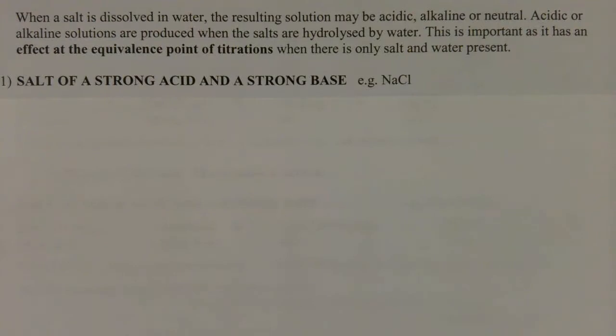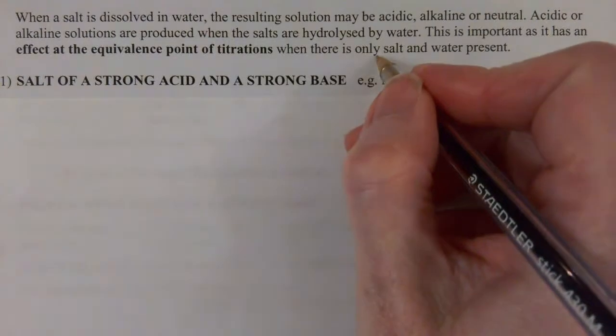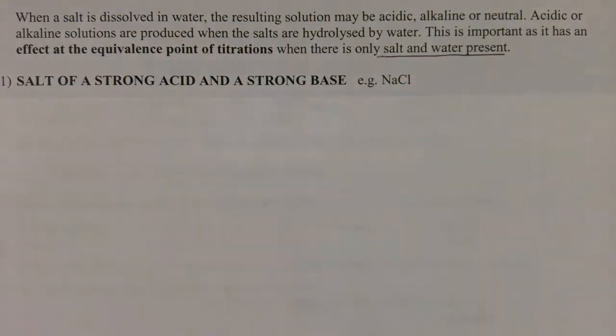So the only things present in the conical flask are the salt that we've made and the water that we've made. But when a salt dissolves in water, the resulting solution could be neutral, but it could also be alkaline or acidic. It very much depends on whether it's come from a strong or a weak substance.